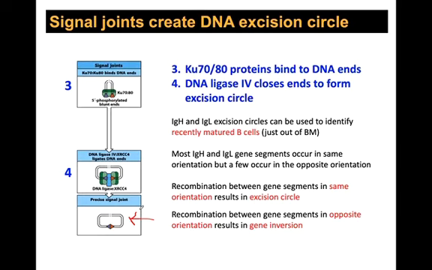For the rare V gene segments that are in the opposite orientation, where the RSS is pointing away from the J gene segments, you actually get a gene inversion, so instead of an excision circle, you get a switch in where the gene segments are in the DNA. For this class, I'm mostly interested that you know there's an excision circle, that this is actually cut out of the DNA, because that's the normal situation.